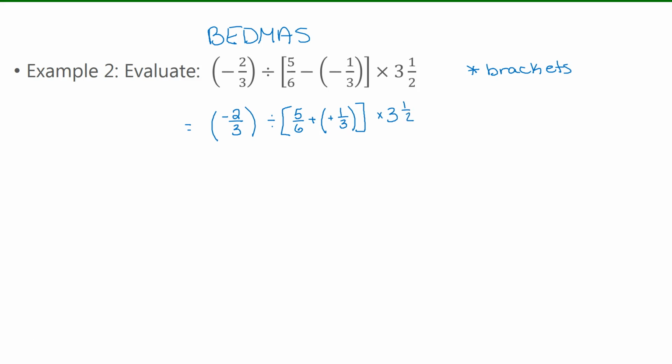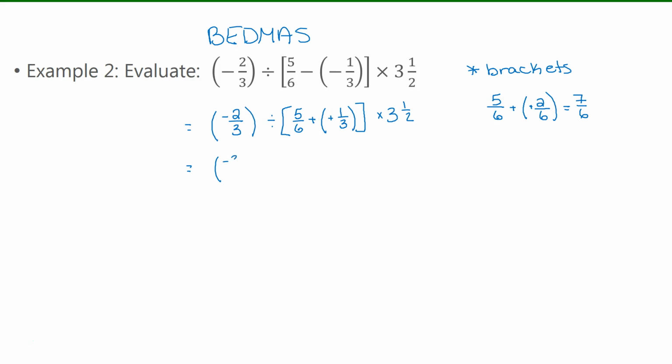Now when we add fractions, we need our common denominator once again. So between 6 and 3, that is 6. So we have 5 over 6 plus, and then 1/3 becomes 2 over 6. Now adding those numerators, 5 plus +2 gives us 7 over 6.